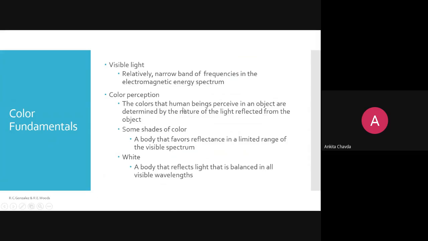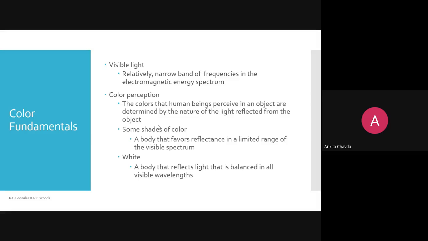The colors that human beings perceive in an object are determined by the nature of the light reflected from the object, because whatever the wavelength, the other color wavelengths will be absorbed, and only the color the object actually has will be reflected. So you can see the color.